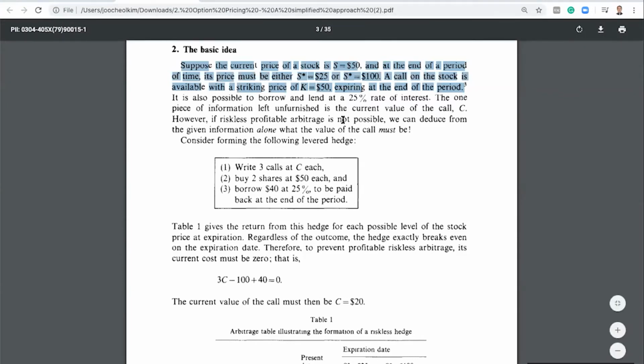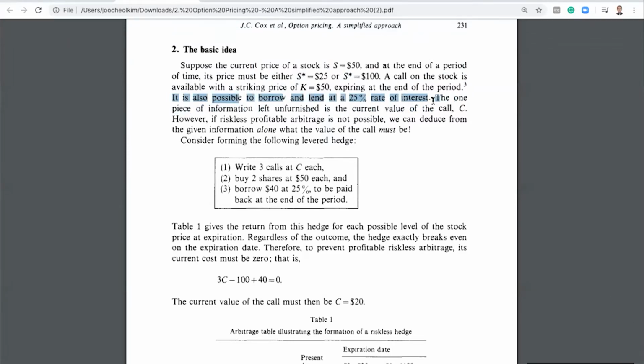And then we need one more thing. It is also possible to borrow and lend at a 25% rate of interest. You may think that 25% is too big, but that number is just for the convenience of the calculations.